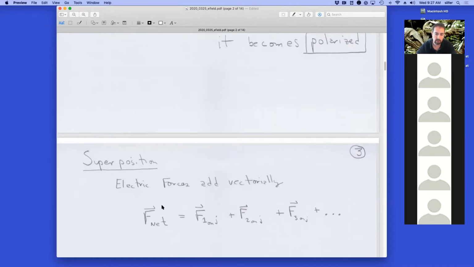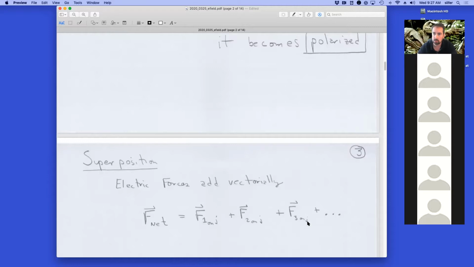If I'm trying to find the net force on an object, and let's say that object is object J. I'm sorry that this is so abstract, but think of J as a number like 17, and that's the index that I'm referring to for the object that I want to think about the forces on. So the force from 1 on object 17, plus the force from 2 on object 17, plus the force from 3 on object 17.